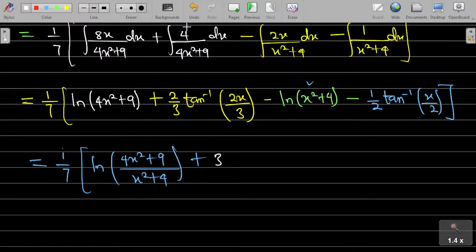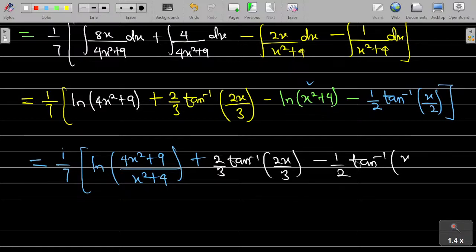So you have 2 over 3 tan inverse of 2x all over 3, then minus 1 over 3 tan inverse of x all over 2.